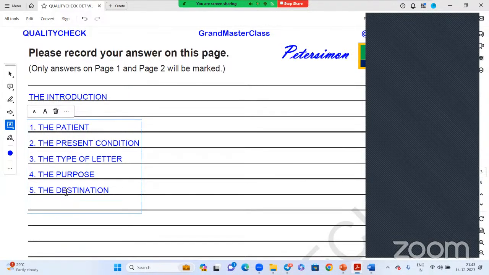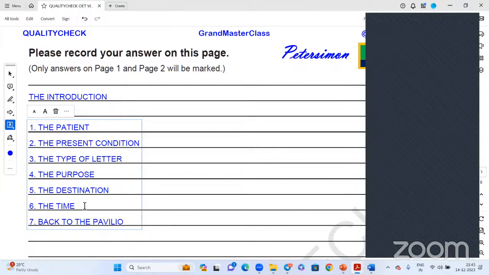The next one is the time. So the patient, the present condition, the type of letter, the purpose, the destination, the time, and anything else. Next one, last but not the least, is it back to the pavilion or not?